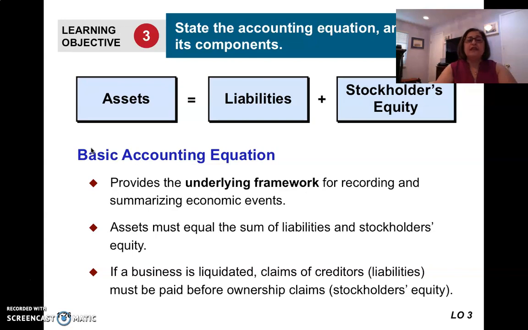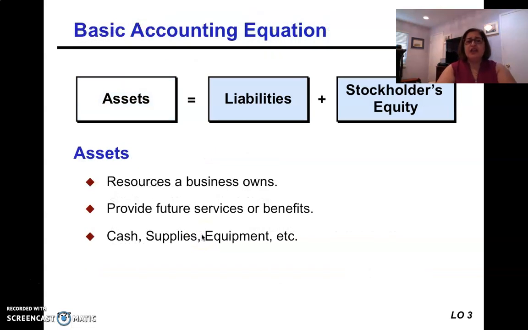So examples of assets are cash, supplies. And what is considered supplies? There is a difference between supplies and equipment. Supplies is considered pen, paper, toner for the copier. Those are considered supplies. Whereas equipment normally has a longer life.